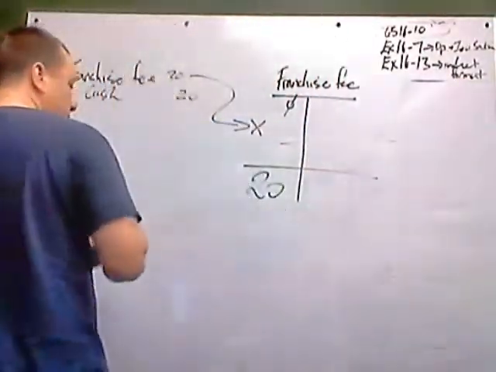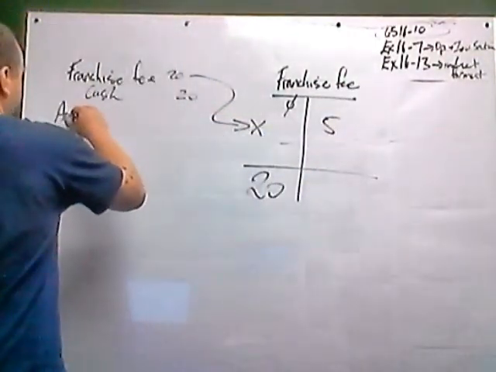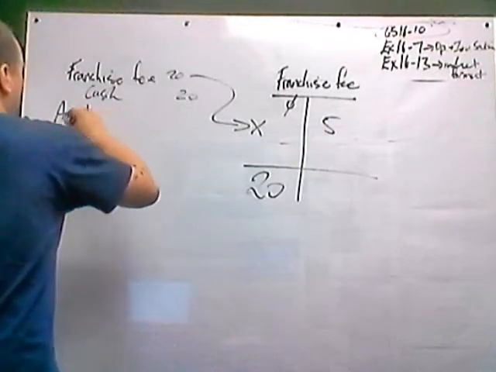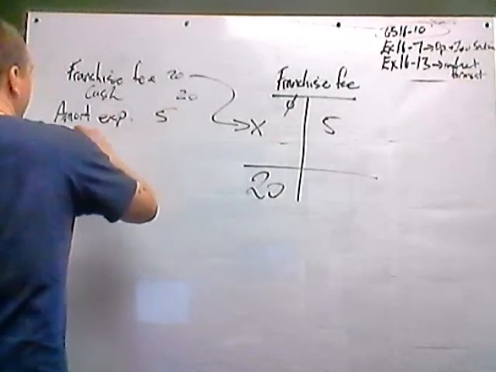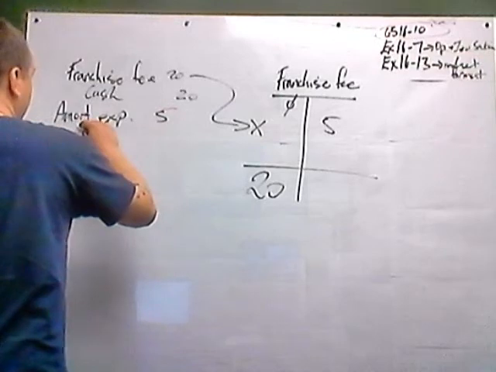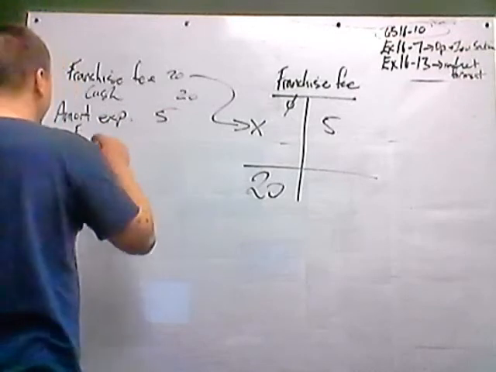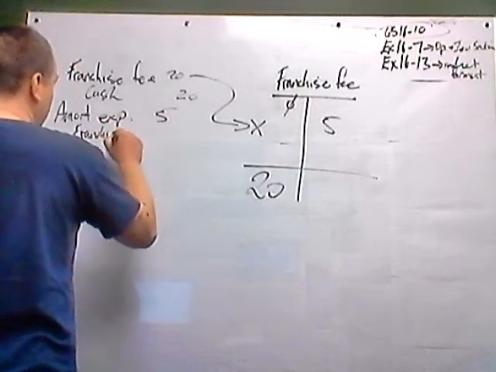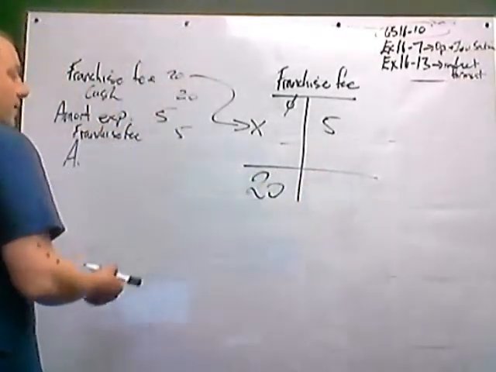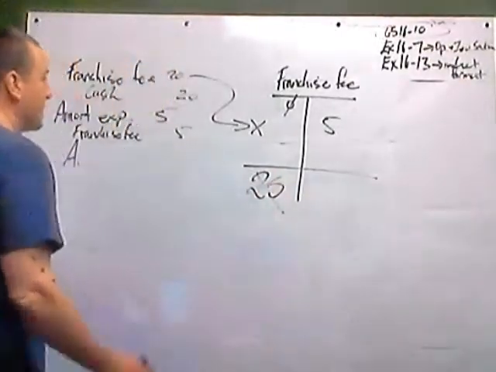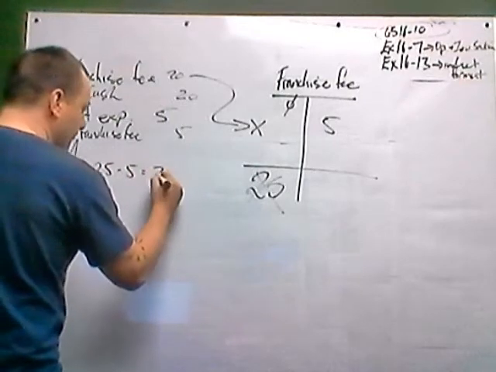So what must have happened was they make the amortization expense of 5, and the credit goes directly against franchise fee. There's no amortization account. As a result, this can't be 20. That A has to be 25 minus 5 equals 20.